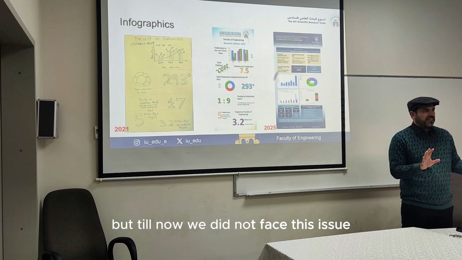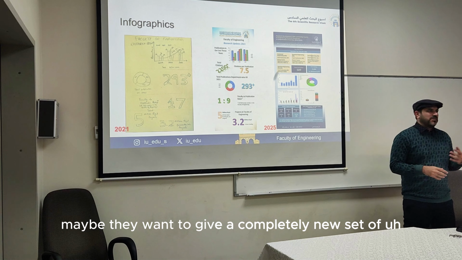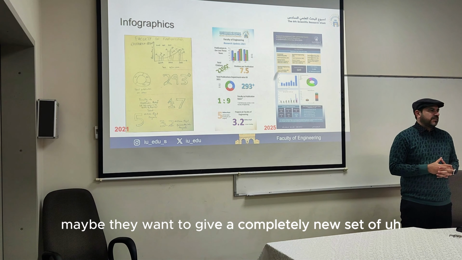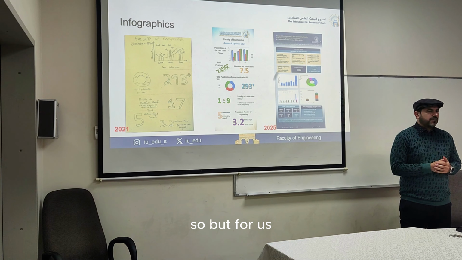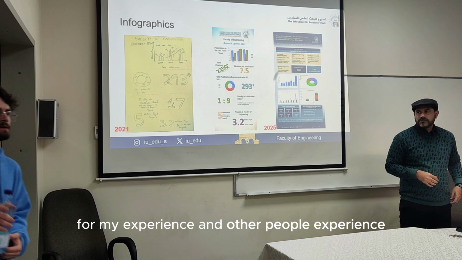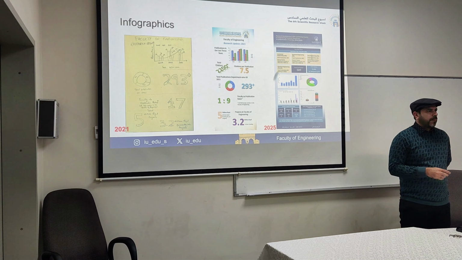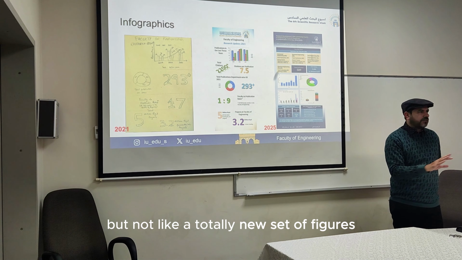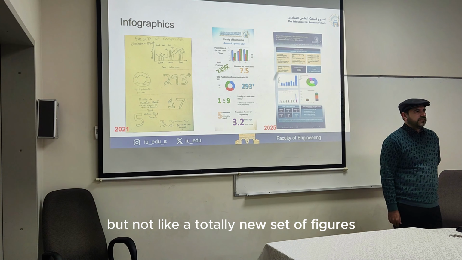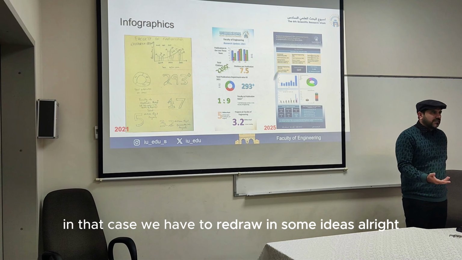But till now, we did not face this issue. Maybe they want to give a completely new set of information because they keep it as part of the paper. But for my experience and other people's experience, we usually use this plus some additional figures, but not a totally new set of figures. In that case, you have to redraw some ideas.